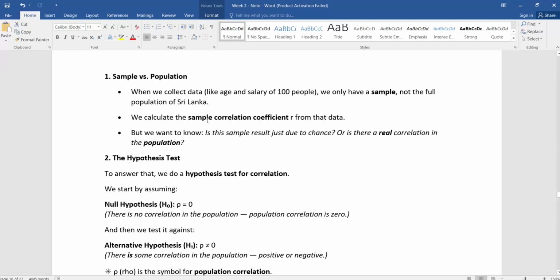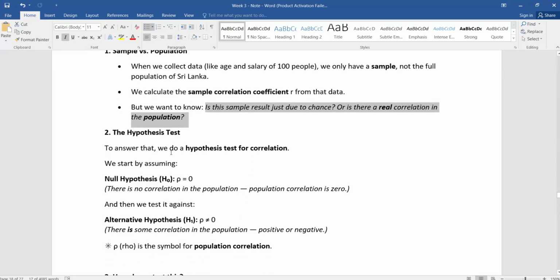We calculate the sample correlation coefficient R from that sample. But we want to know: is the sample result just due to chance, or is there a real correlation in the population? Does that relationship exist in the population also?